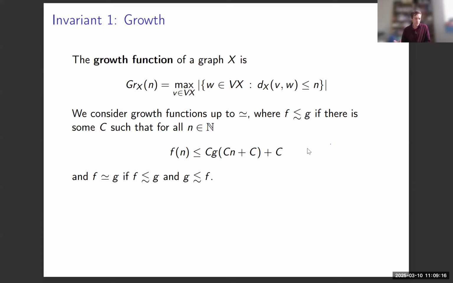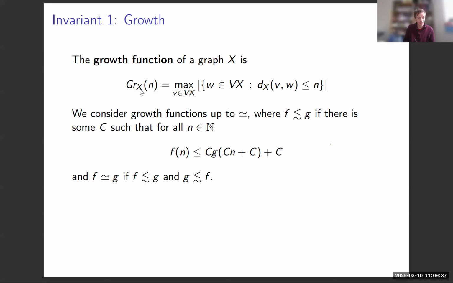So we consider growth functions, and most other functions in this talk, up to this equivalence relation listed here, where we say f is roughly at most g if it's asymptotically controlled. So f of n is at most c g(cn) plus c, all these kinds of things.